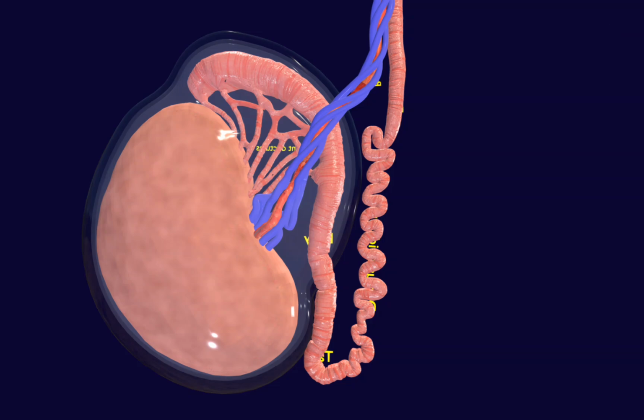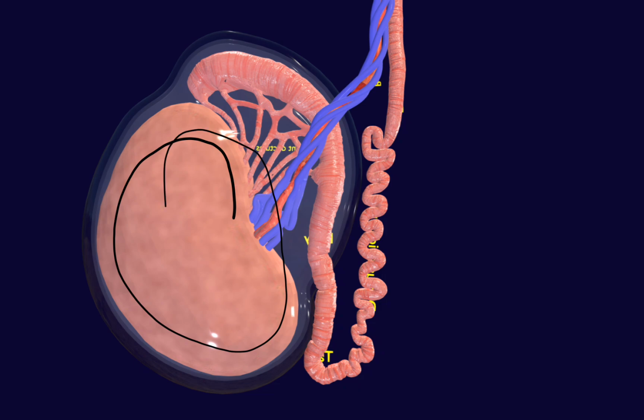Okay, one last point with structure. This is our testes. This is an oval shape structure, and it is in a sac-like structure called scrotum.